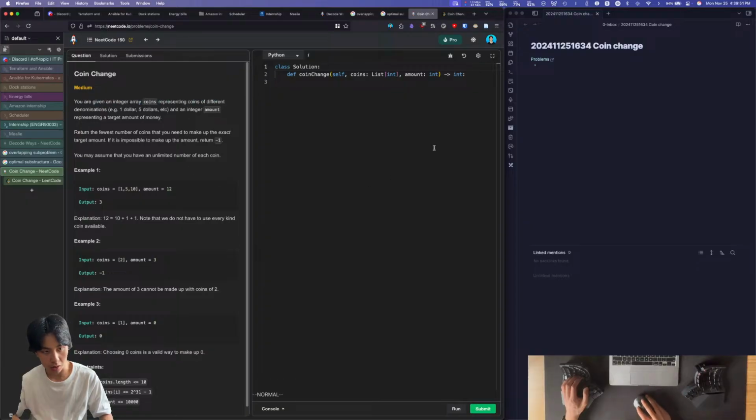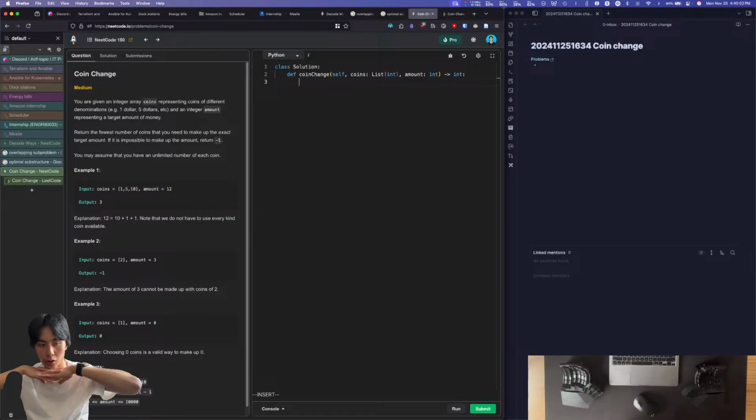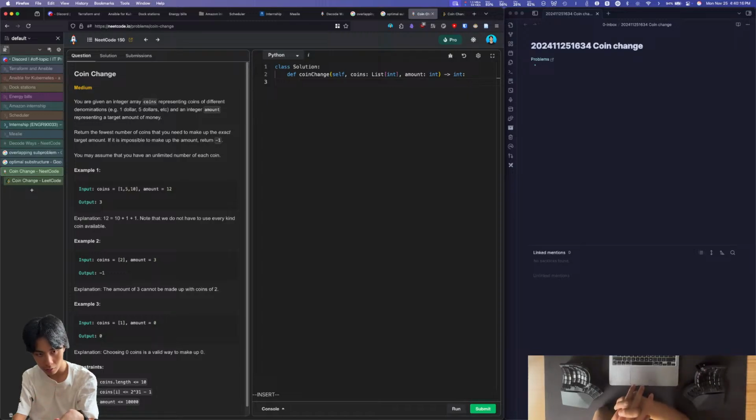You're given an integer array coins representing coins of different denominations, $1, $5, and an integer amount representing a target amount of money. Return the fewest number of coins that you need to make up the exact target amount.